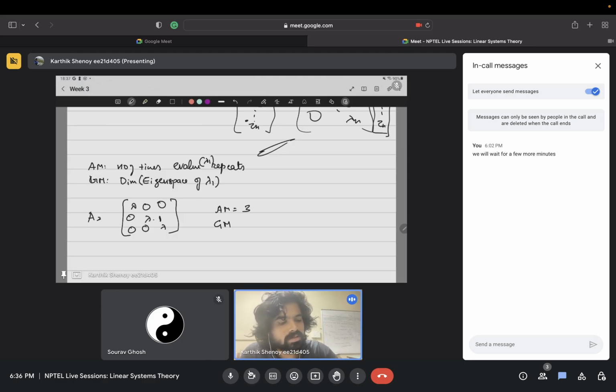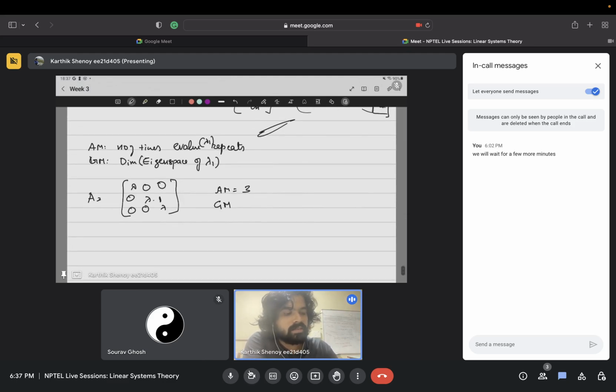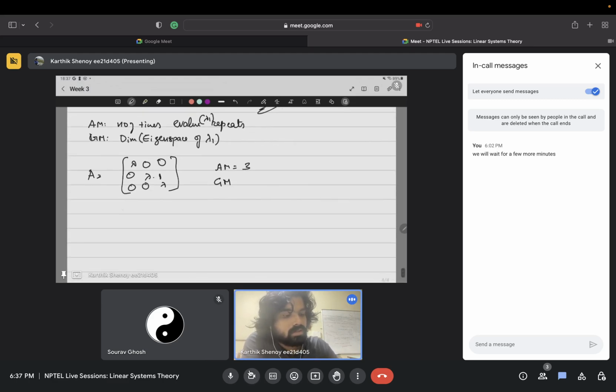So geometric multiplicity, before that I'll have to talk about the generalized eigenvectors, but anyways. In this case, if you find the eigenvectors, you will see that there are only 2 eigenvectors. Maybe we can do that right now. So what is my eigenvector equation? Lambda I minus A equal to 0.